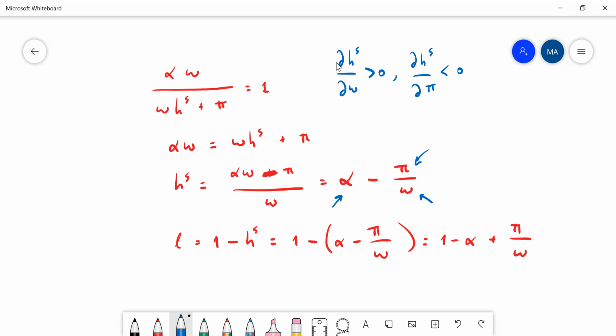Which makes a lot of sense because if I have outside income, I may work less for the same amount of consumption. And if I have a higher wage in the market, I would work more to benefit from these higher wages, okay? So conversely, your leisure increases with profit and decreases with the wage, okay?